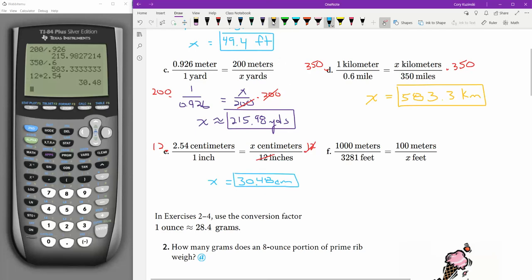One more. We're going to have to flip this one over. So let's make it 3281 over 1,000 equals x over 100. Let's multiply both sides by 100.